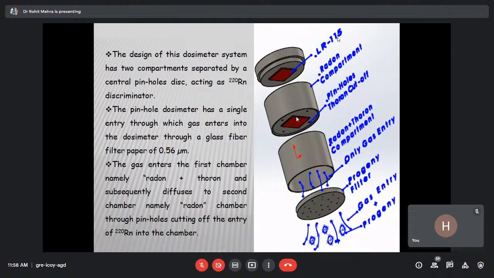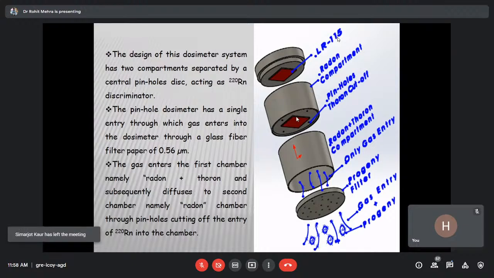So one track per centimeter square per day will give you a radon concentration of the order of 50 becquerel per meter cube. So we know the number of tracks, the number of days, and the size of the detector, so we can easily calculate the concentration. This is just an example. It is not exactly 50. Now we have modified the factors.